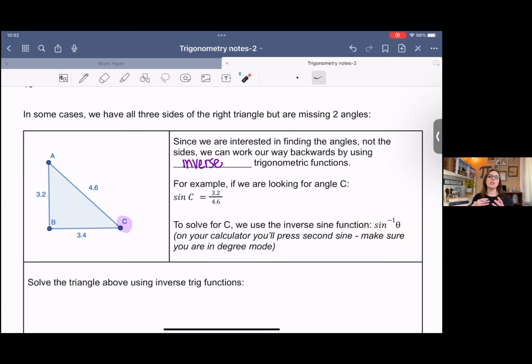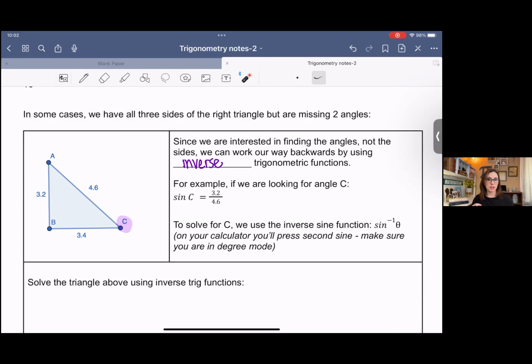An inverse sine is going to basically undo sine. So in solving linear equations, if you remember, if you had 2 times x, to undo it, you would divide. So this is very similar to that. To undo sine, we're going to do inverse sine, and we'll do that to both sides. Then also make sure you're in degree mode because we are talking about degrees.